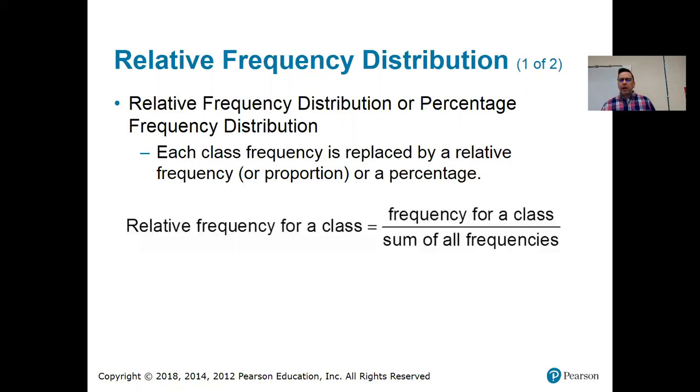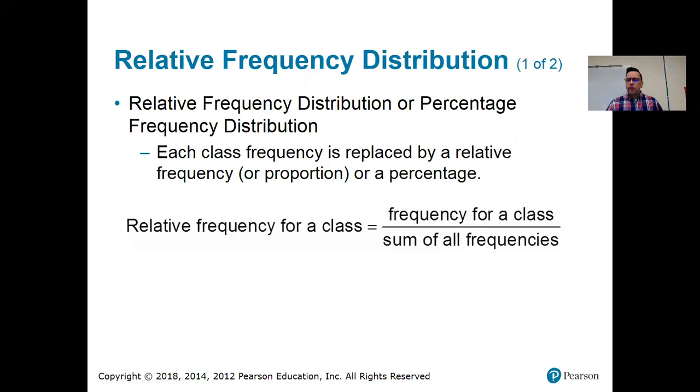Okay, so the way that you calculate your relative frequency for each class is to take the frequency, say 11, and divide it by the sum of all frequencies. In the example that we just did, the sum of all frequencies was 50. So we observed 50 times at the McDonald's drive-thru.